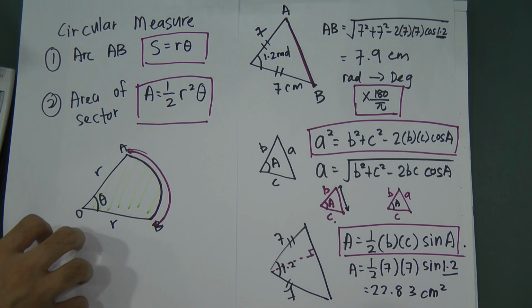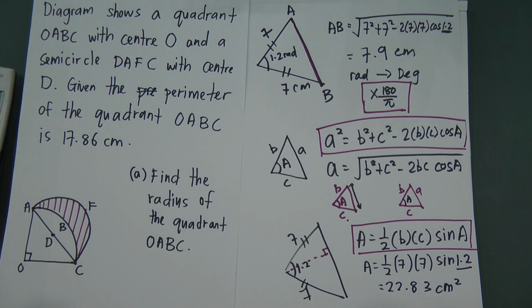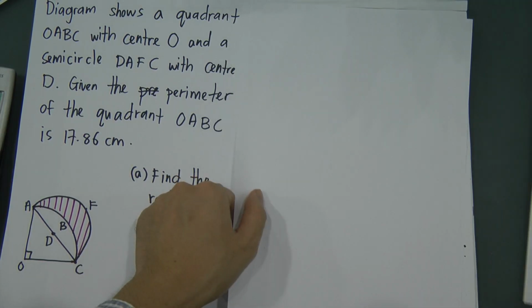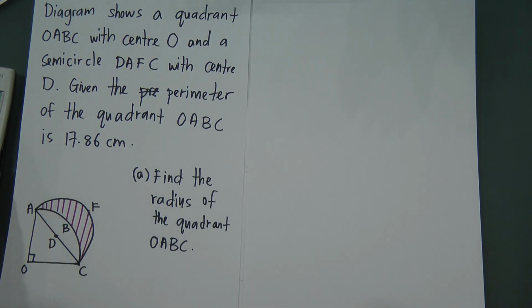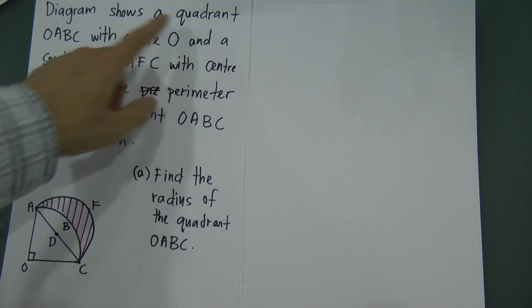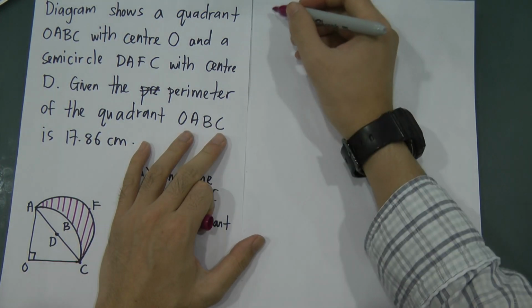Alright, let's have a look at the question over here. Remember all these formulas now. In this question, he mentioned the diagram shows a quadrant. What's the meaning of quadrant?